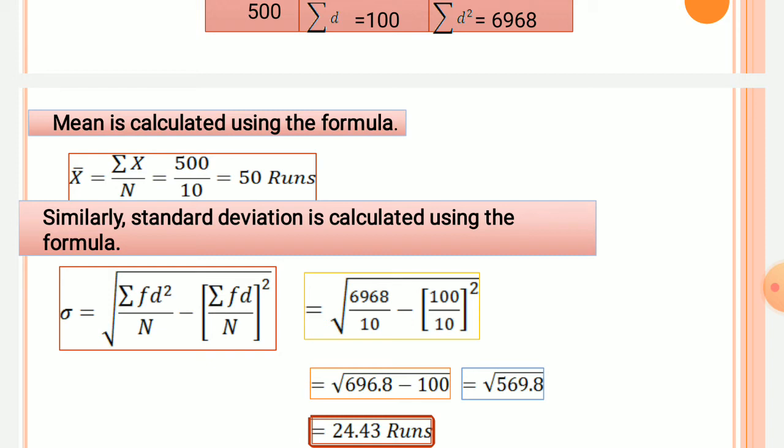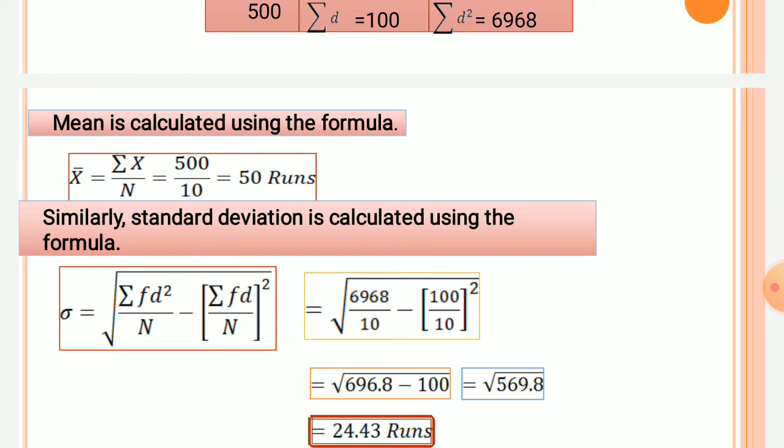Similarly, standard deviation can be calculated using the formula sigma is equal to root of sigma fd square by n minus sigma fd by n whole square, or sigma d square by n minus sigma d by n whole square, because these are individual observations. Therefore we have to take into account only the d.